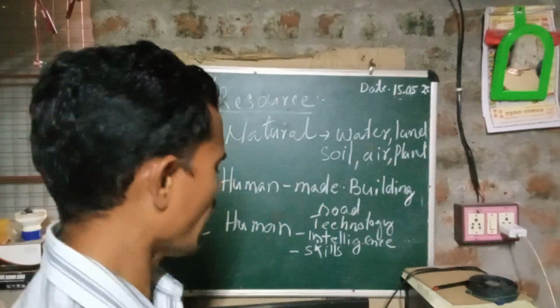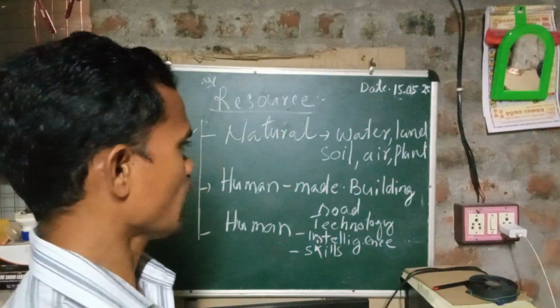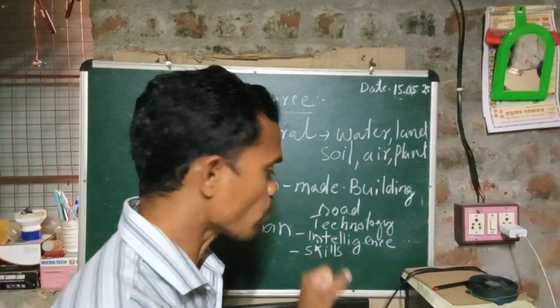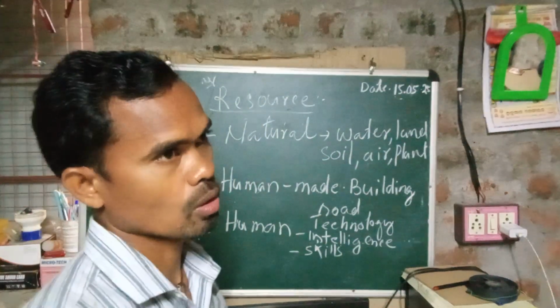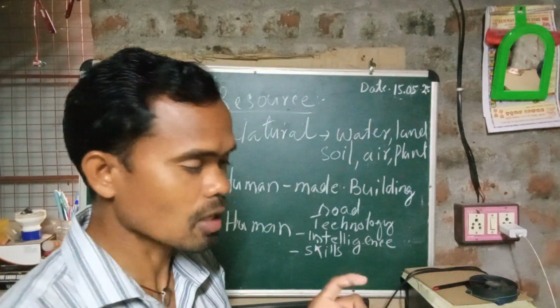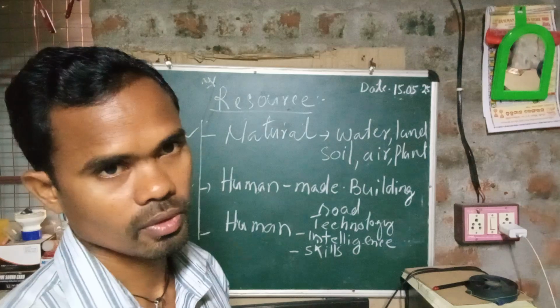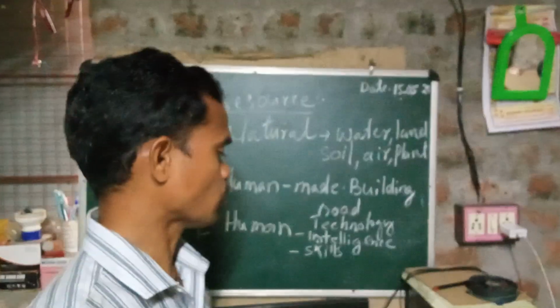As we studied in the definition, unless and until an object from the environment is useful, it cannot be called a resource. It should have value or be useful for human beings.